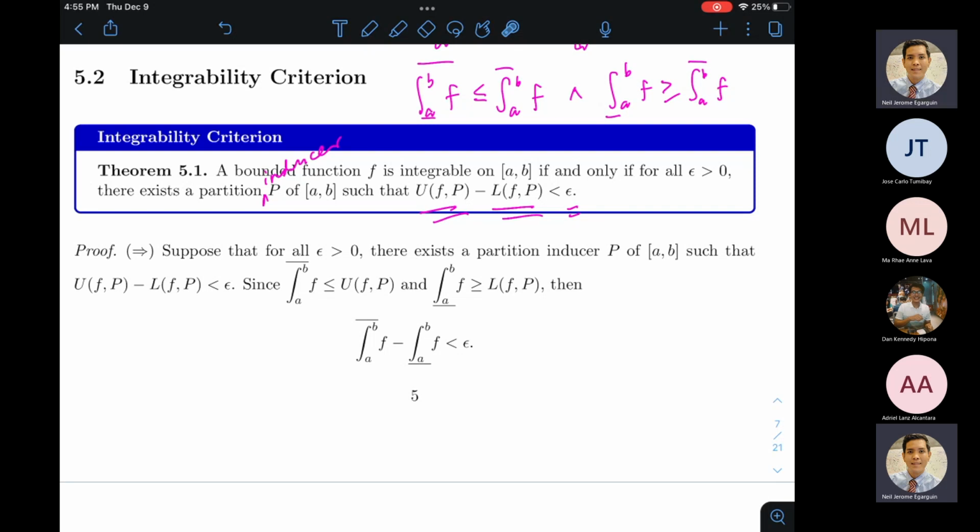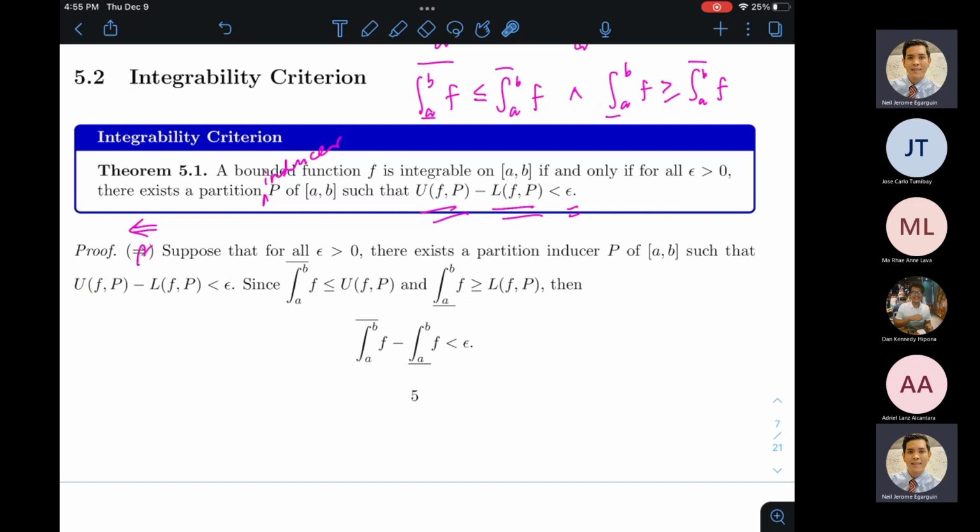Okay? So let's try to see how the proof goes. Let's start first by proving, actually this should be the converse. So nag-start siya sa backward. Inassume niya muna na sa kahit anong epsilon greater than 0, we can always find a partition P of the closed interval [a,b] such that this is true.